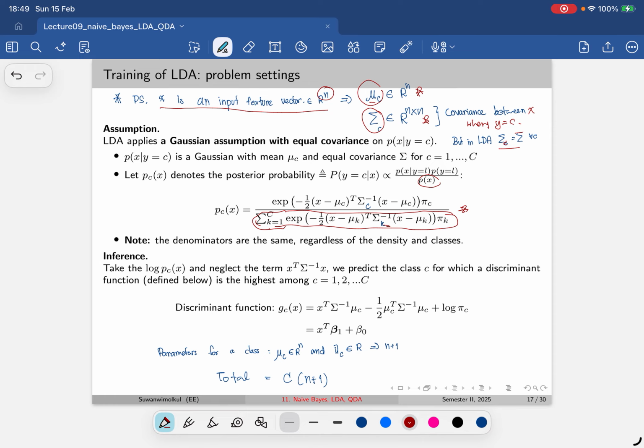And when we do the inference, as we've mentioned before, it depends. Like in this case where we consider just LDA, of course, we will ignore this sigma C. We actually assign sigma C equal to sigma. And because of that, the quadratic terms in X will be somewhat unimportant.